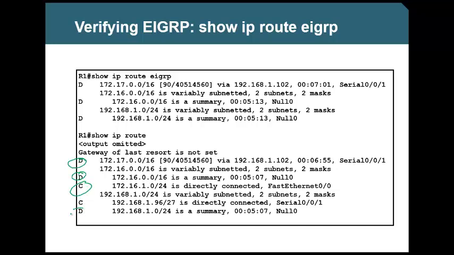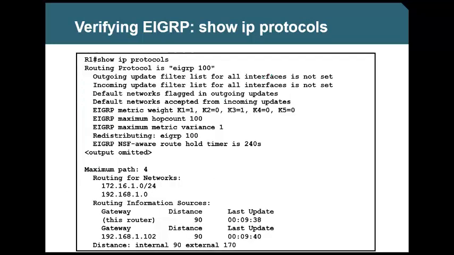But when you type eigrp after the command route, then it will show only the EIGRP routes. D means DUAL. The show ip protocols command will show all the routing protocols that are running on a router.